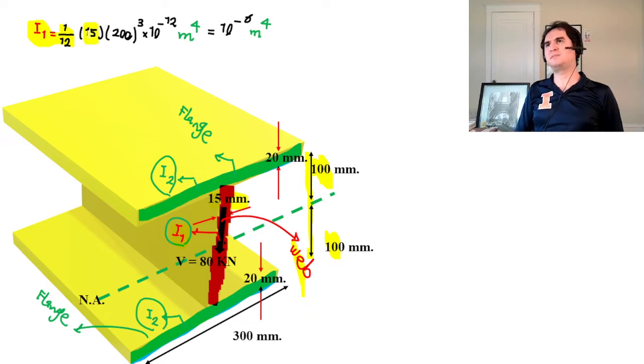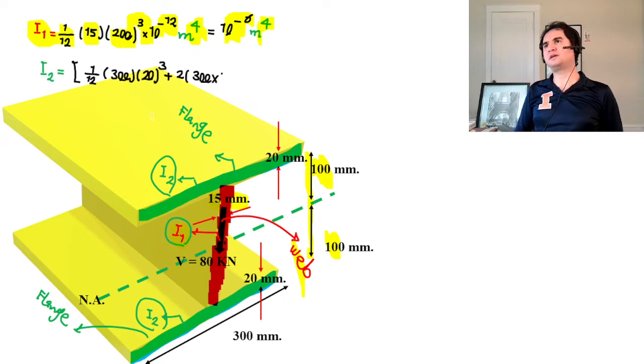That's base times height cubed, with the conversion from millimeters to meters to the power of 4. That gives me a value in 10 to the negative 6 meter to the power of 4.